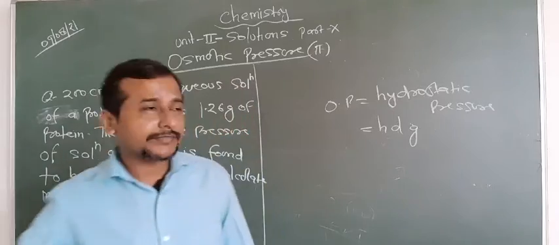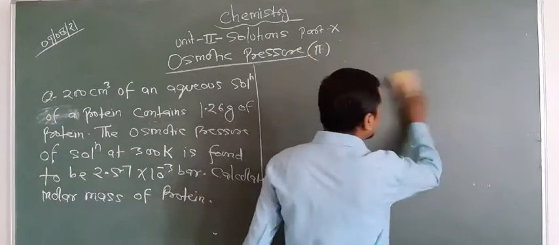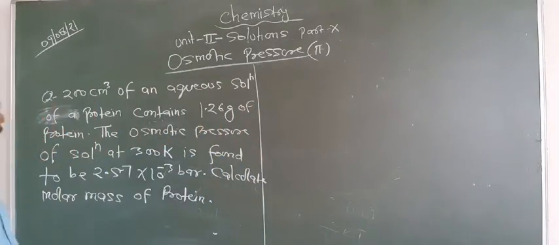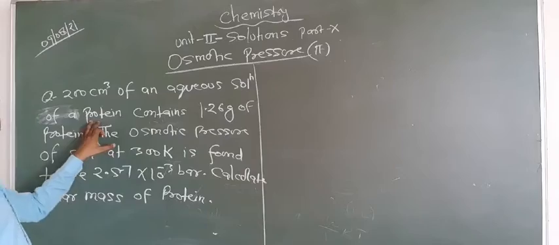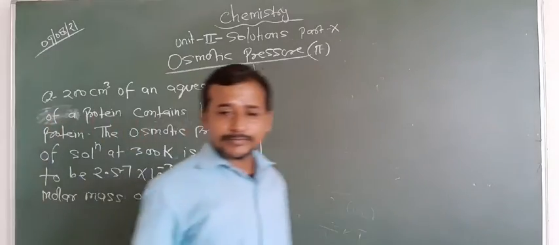Now let us focus on the numericals related to osmotic pressure. So look at it, what is the question given here? 200 centimeter cube of an aqueous solution, aqueous meaning the solution made in water, of proteins. What are proteins? They are the building blocks of the body.